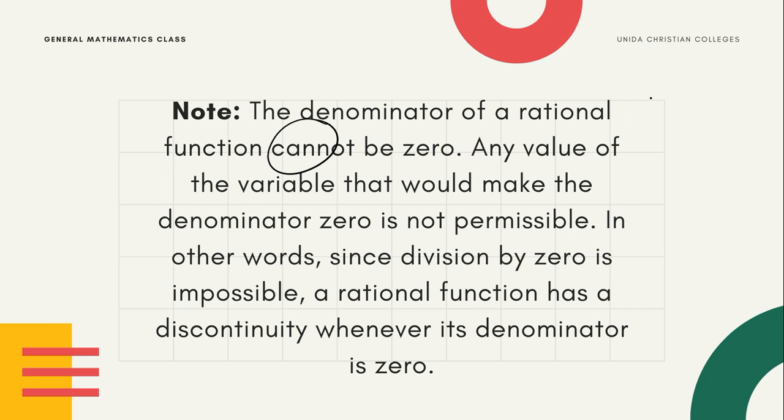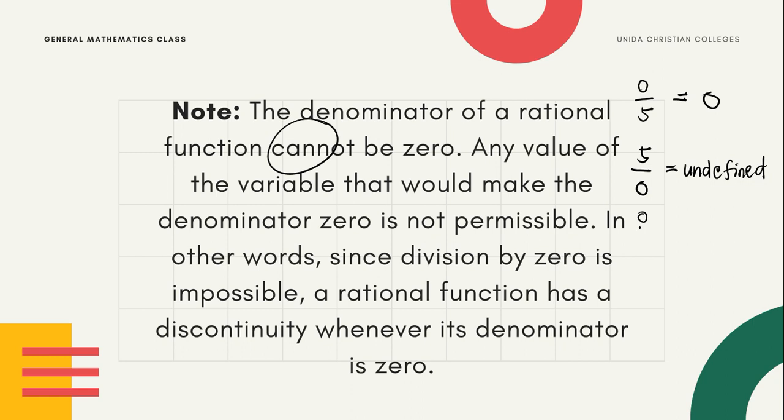So balikan po natin yung basic lessons natin nung tayo ay junior high school. Kapag si 0 po ay nasa numerator, any number si denominator, then the answer is always 0. Kapag si 0 naman po ay nasa denominator, tapos any number yung numerator, the answer is undefined.